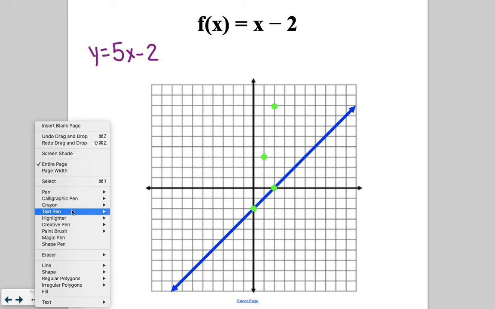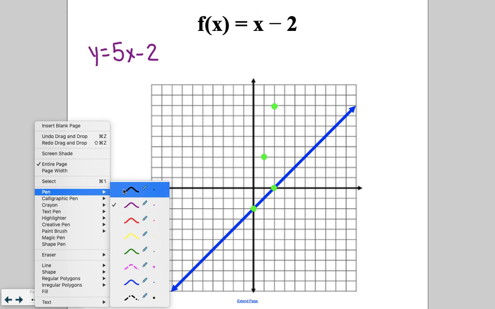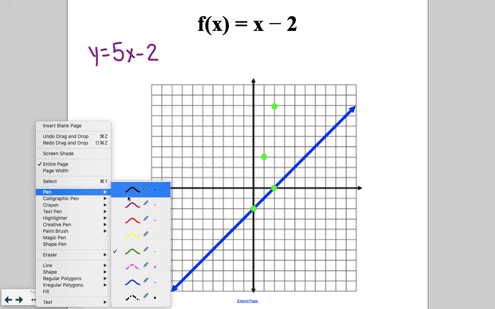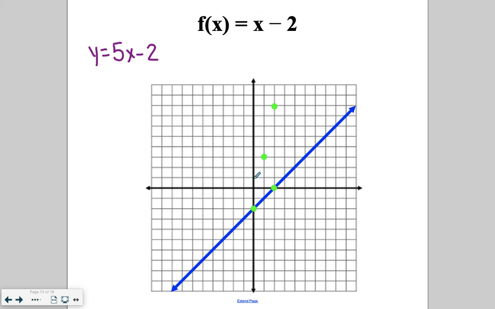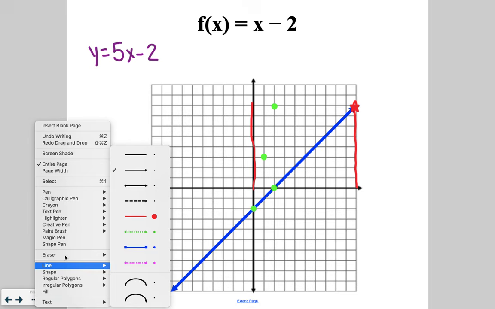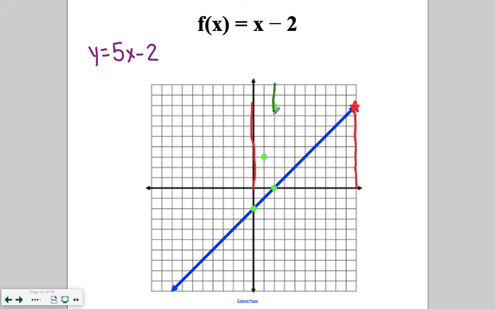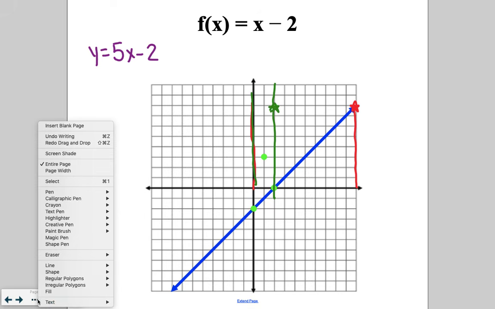So again, we're now thinking horizontally. How much space does it take for us to get to a point left and right? In the original graph, it took me all the way from 0 to 10 to get up to this value of 8. In this new graph, y equals 5x minus 2, it only took me from 0 until x is equal to 2 to get to that new space.